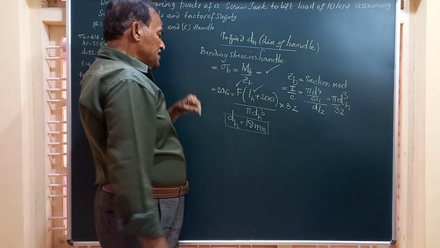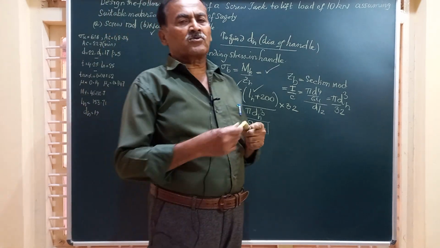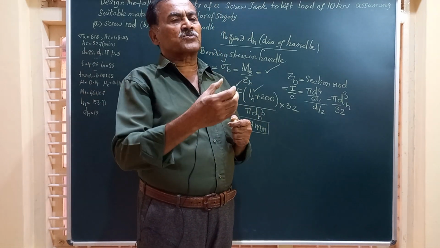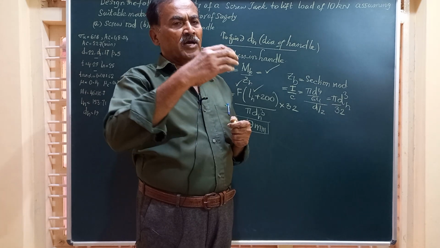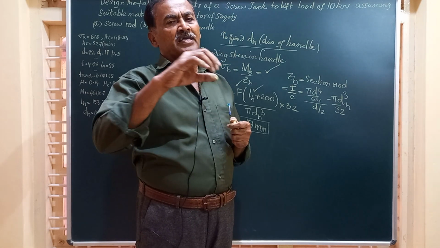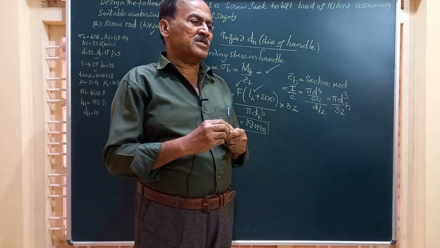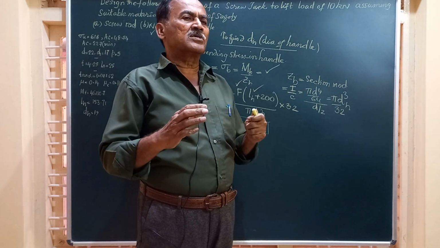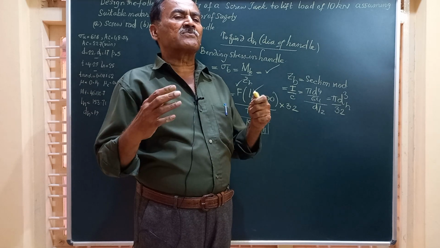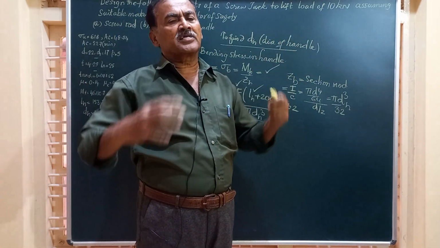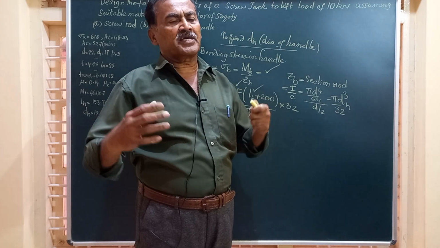Friends, this is how we calculate the three components, mainly the screw rod, then you have the nut, and again the design of the lever. These are the three important parameters, and apart from this, there will be the relation for the dimensions of the body, which is conical in shape, frustum of a cone like thing.